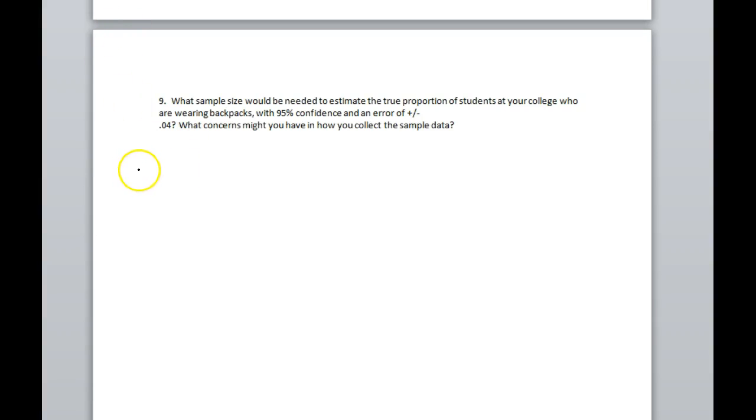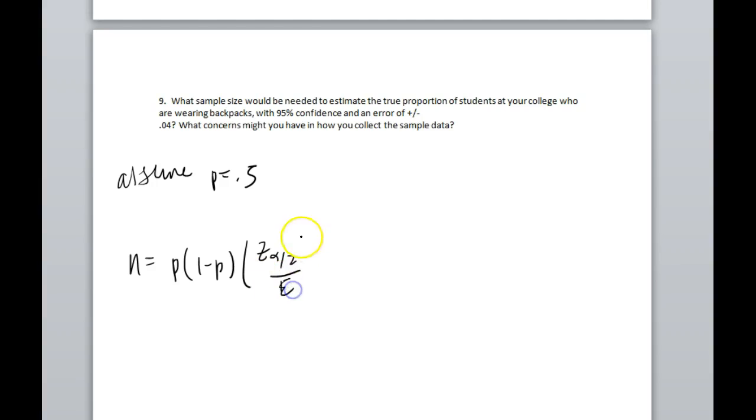Okay, looks like we aren't given p again, so we just assume p equals 0.5. And we know that the formula that we're going to be using is n equals p times 1 minus p times z of alpha half all over E, and squaring the whole thing. So we assume a p just because we're not given one, and we're going with 95% confidence.